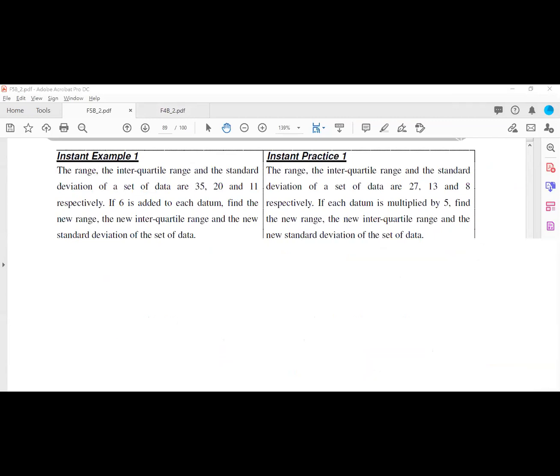Okay, so we have the range R is 35. The interquartile range, that's Q, is 20. And then standard deviation, sigma, is 11. And this time, 6 is added to each data. Okay, so we have x plus 6. Okay, the data.